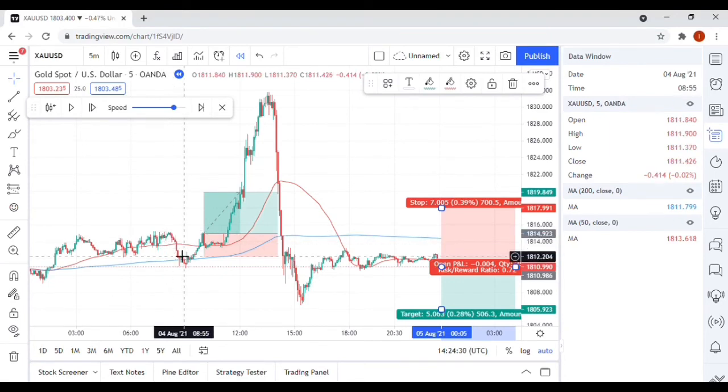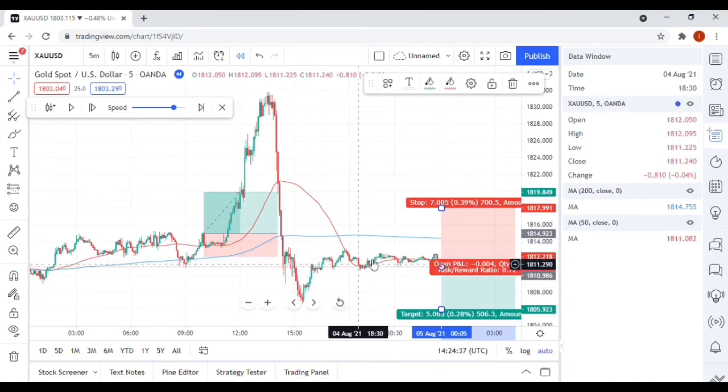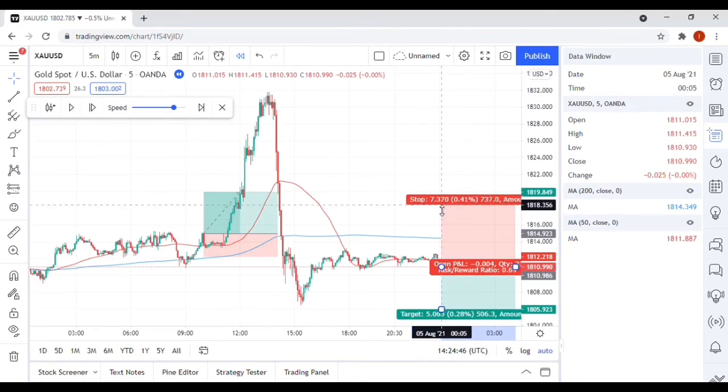It's not really playing around with price as I want it, because price is now moving in a consolidation zone, and that's basically something. So we'll just put our stop loss just above there, just to prevent anything from happening. So okay, cool. We'll just adjust that as we go by.